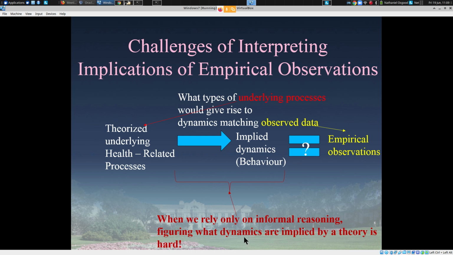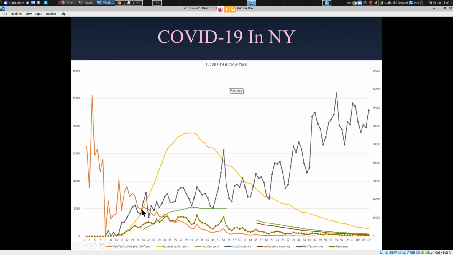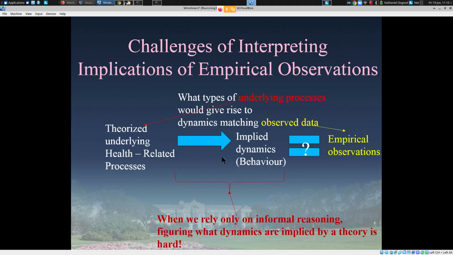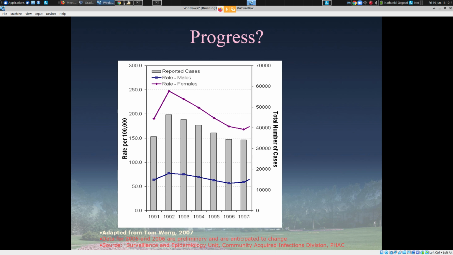But if we're just depending on informal reasoning, it's hard for us in our head to square with, hey, does that account for all these patterns? If I posited this sort of natural history of COVID, or this sort of attitude towards care seeking, that a lot of people in New York couldn't seek care because they lacked the health insurance coverage needed to do so, tragically. If that was part of my theory, and I want to say, does that account for these patterns? It's kind of hard to do in my head by itself.